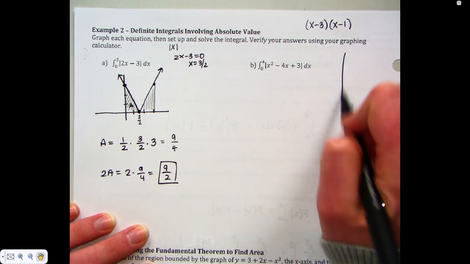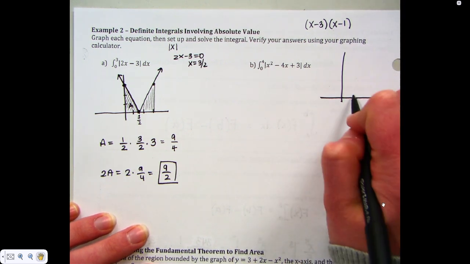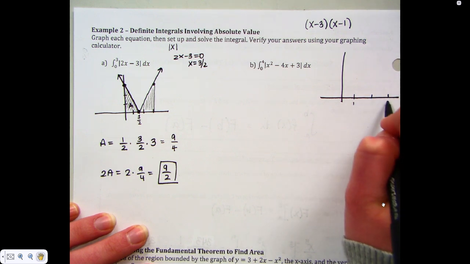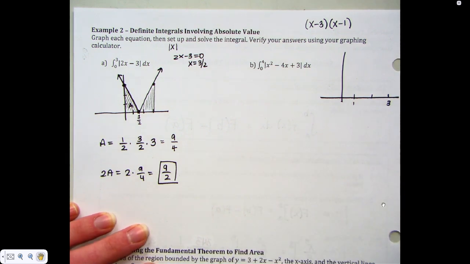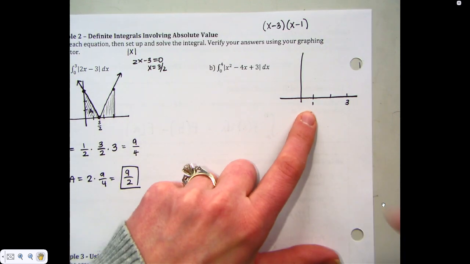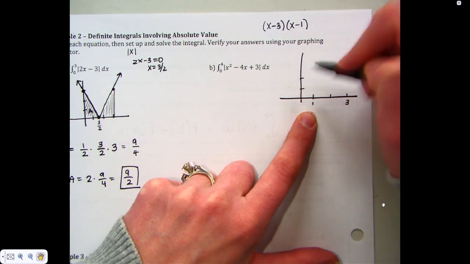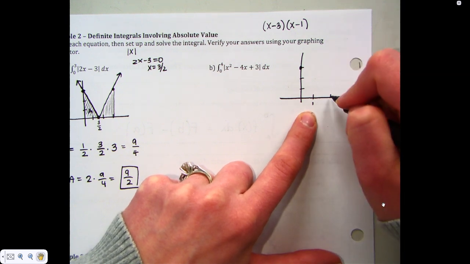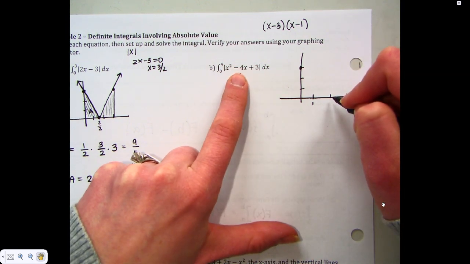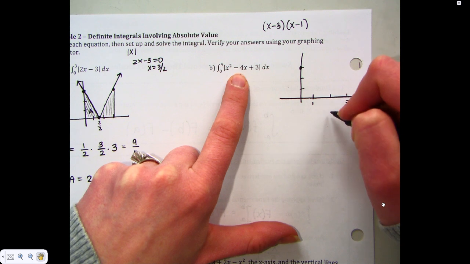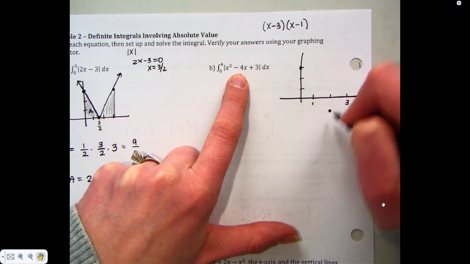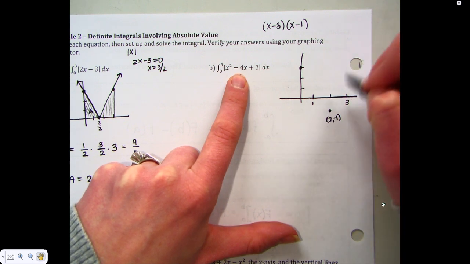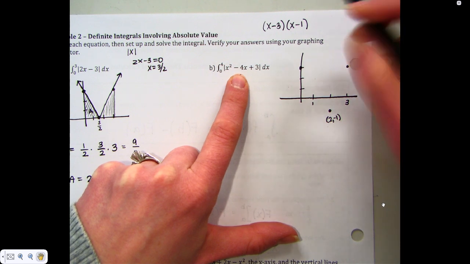So the graph of this function has zeros at 1 and 3. And at 0, I would be up at 3. Right in the middle of those would be at 2, so 4 minus 8 plus 3. I'm right about here at 2, negative 1. And at 3, I'm back up here.